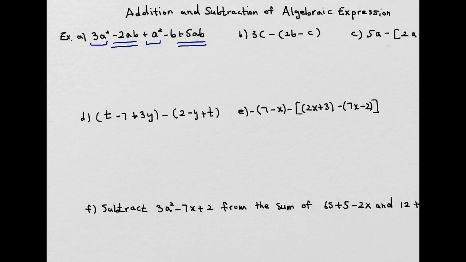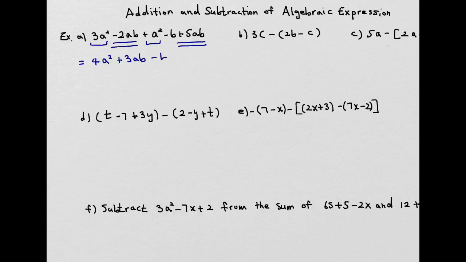And negative b, we do not have like terms. Once you have like terms, you can combine them. So 3 plus 1 is 4a squared, and negative 2ab plus 5ab is positive 3ab.